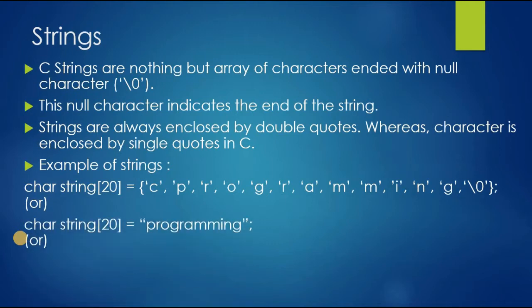This is the second example, where we declared the character string of size 20 equal to "programming". Another example is char string equal to "programming", where we did not declare the size of the array. These are the examples for strings.